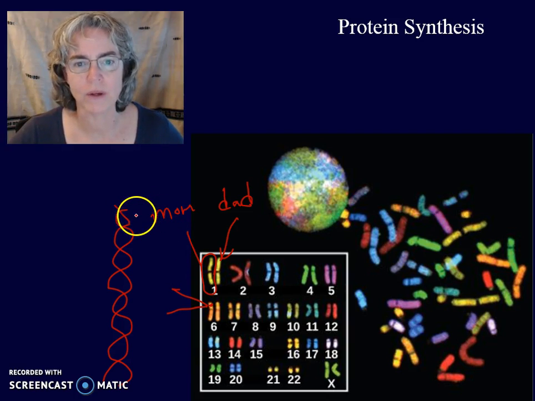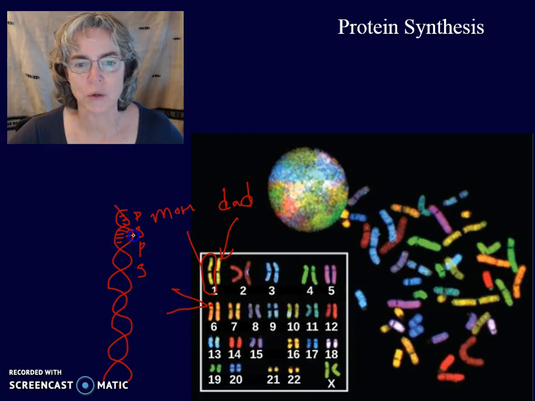So we know this DNA strand has a sugar phosphate backbone, and pointing into the center there are nucleotides.